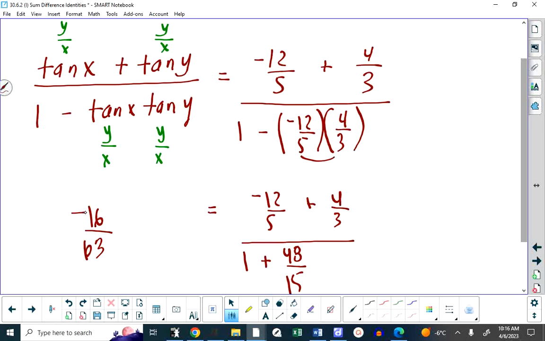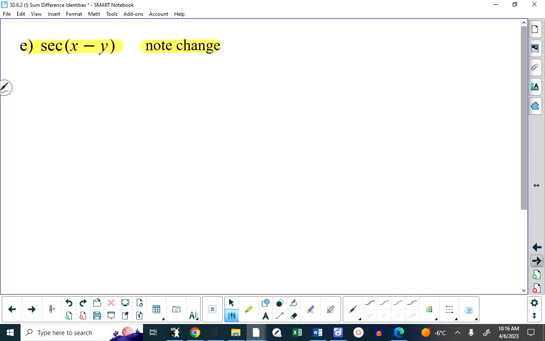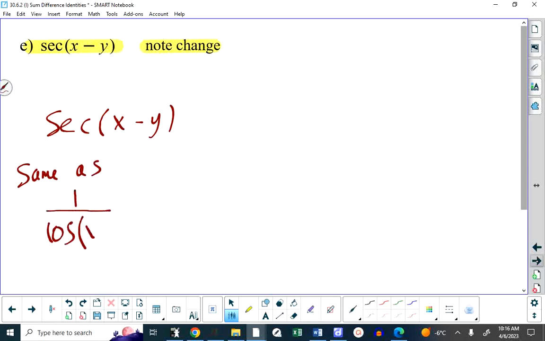Three more to go, but this is lightning quick, these last three. Look at this one. First of all, note the change. I want you to change that to a minus. Secant of any quantity is the same as 1 divided by the cosine of the same quantity. Well, that means the reciprocal.